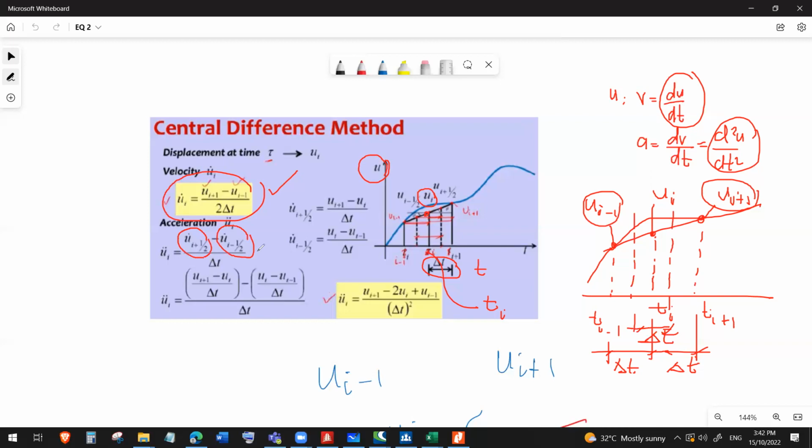Okay? So, correct. But as you see, the velocity at i plus 1/2 means the velocity at this location. So therefore, let's find the value of velocity there: u sub i plus 1 minus u sub i over delta t. So that's all.